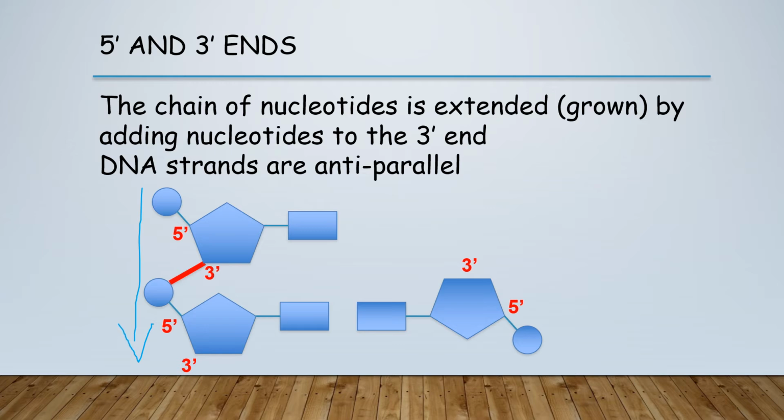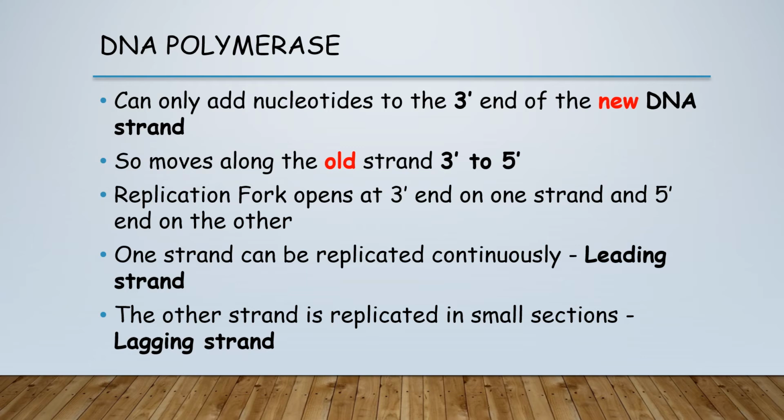So it's upside down effectively. So in this chain, we're actually going to move this way when we're adding nucleotides in. So the enzyme DNA polymerase can only add nucleotides to the 3' end of a new DNA strand. So it moves along the old strand or parent strand or template strand 3' to 5'.